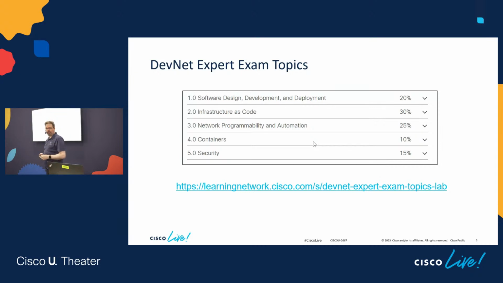GitLab is in there. So all these things are covered in domain 1. You can see a number next to it, 20%. That means that 20% of your exam will be about software design, development, and deployment.